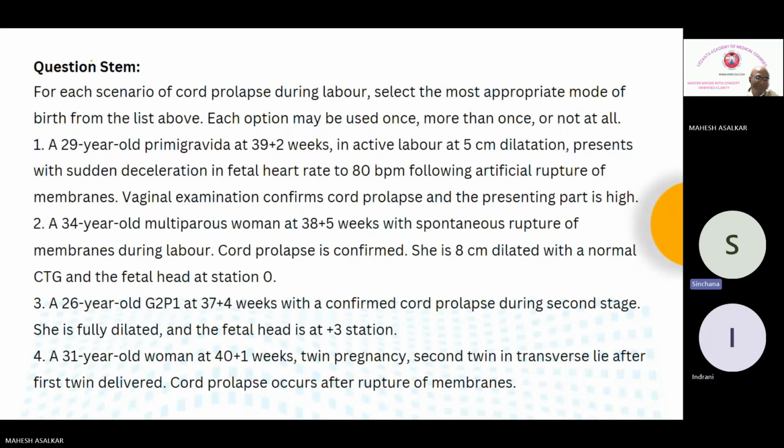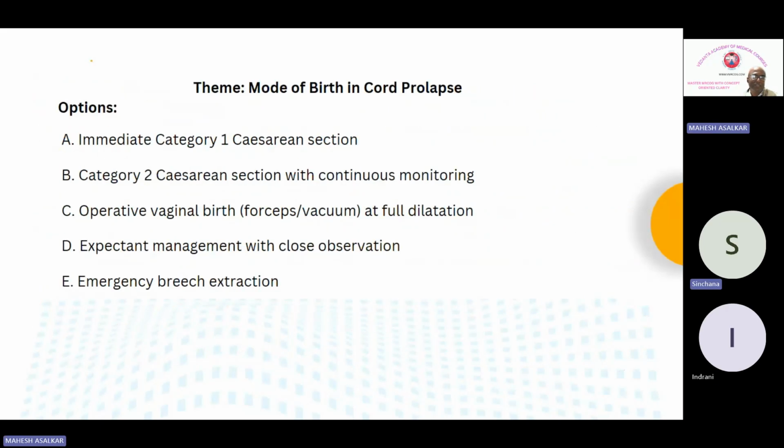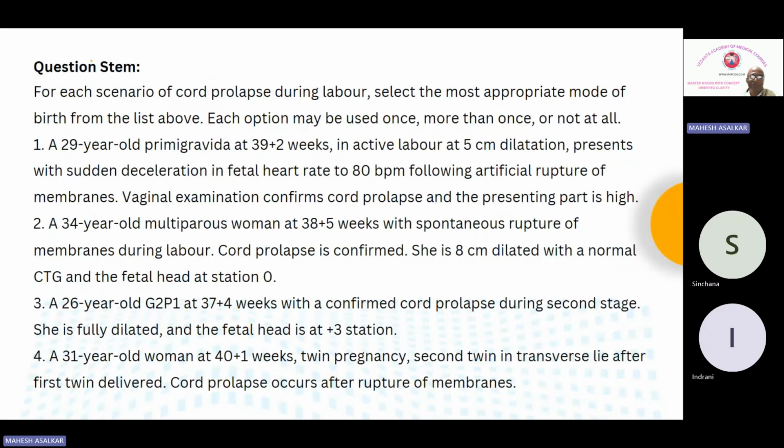Next. A 26-year-old G2P1 at 37 plus 4 weeks with confirmed cord prolapse during second stage. She is fully dilated and the fetal head is at plus 3 station. So here, what do you think? She is in the second stage, gravida 2 para 1, multigravida, fully dilated, confirmed cord prolapse, and station is plus 3. Don't you think operative vaginal delivery is possible here at full dilatation? But what about the FHR? They have not mentioned it.